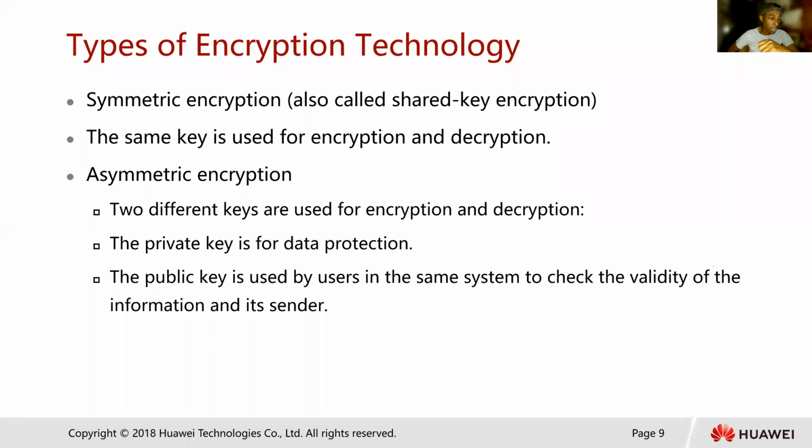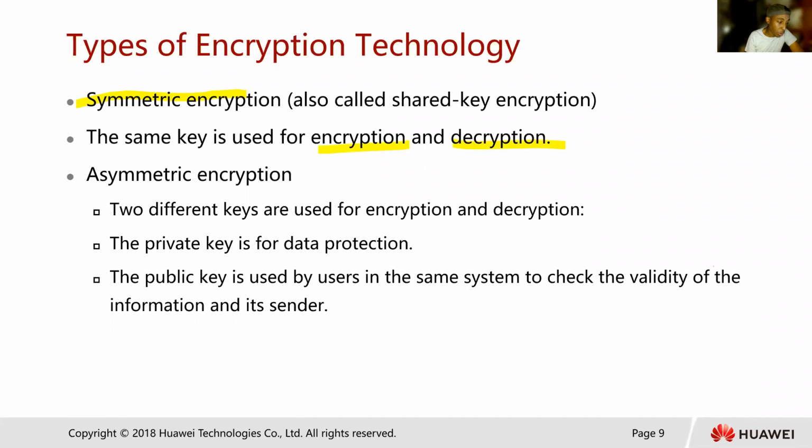When you start looking at some of the types of encryption technology, we have symmetric encryption, which is a shared key. It means the key is the same: the key is one and it is shared between the sender and the receiver. The same key is used both for encryption and for decryption.